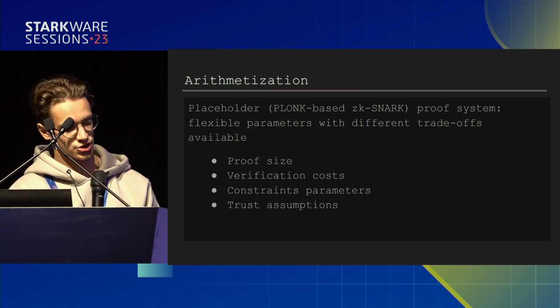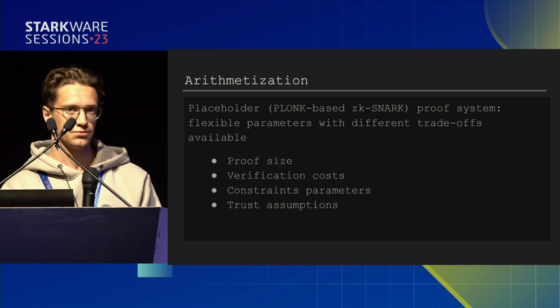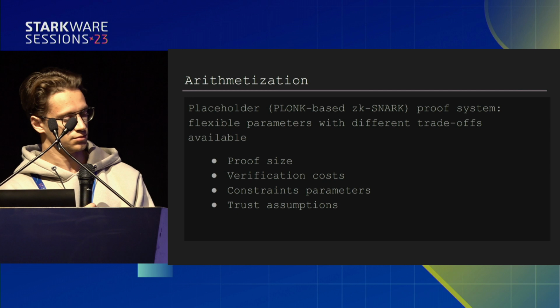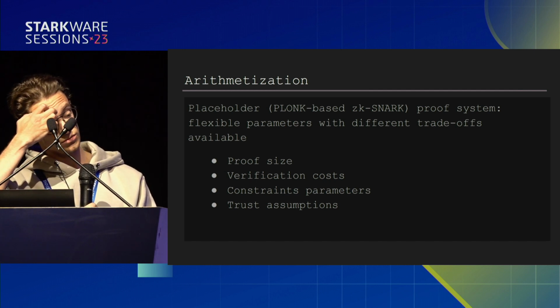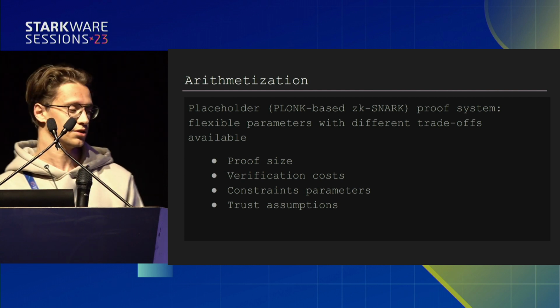We can adjust them for the target environment for the prover, and for the target environment for the verifier. We can adjust it for particular prover time, proof size, verifier costs, everything.